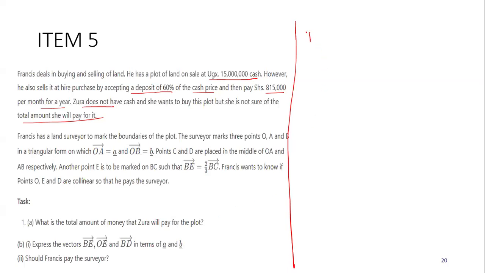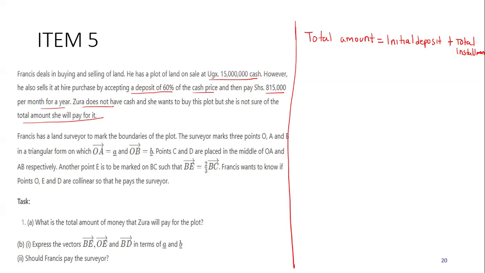To obtain the total amount, it is going to be the initial deposit plus the total installments. That is the first thing you're going to deal with.